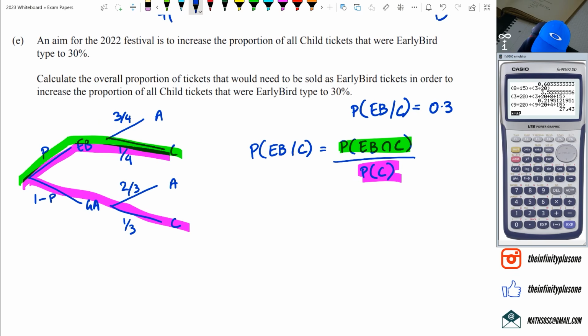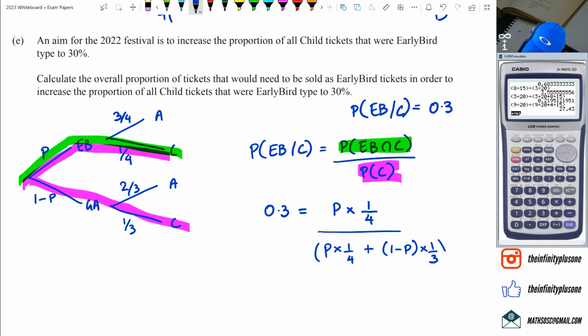So we have EB given C is 0.3, equals P times a quarter, because that's what we have for the green line, divided by the probability of C, which is P times a quarter plus 1 minus P times 1/3. And that's equal to 0.3.